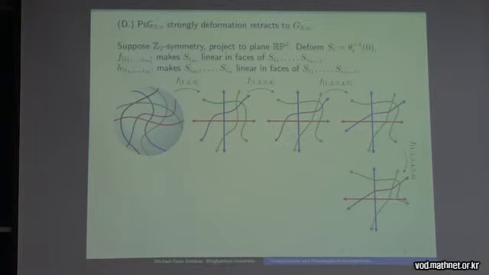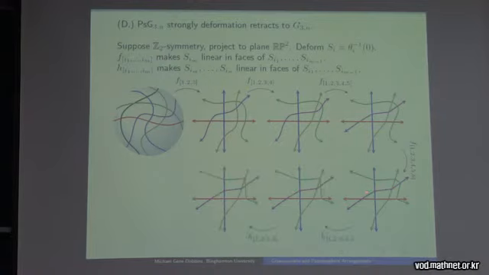So here, first I'm going to make green linear, so now green is linear in the subdivision formed by red, blue, purple, and yellow. So now I'm going to get rid of purple as part of that. So that means that now green will also be linear in the subdivision formed by just blue, red, and yellow.